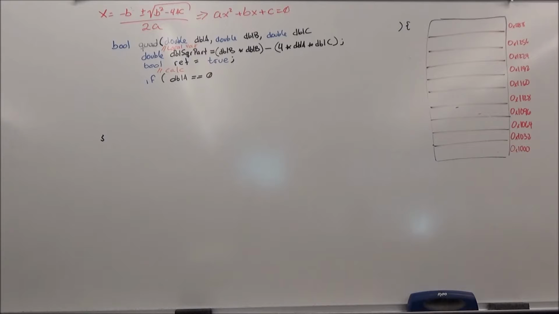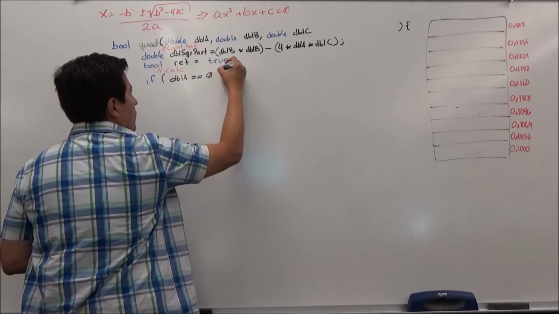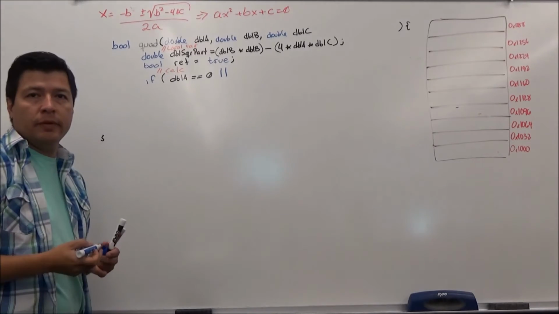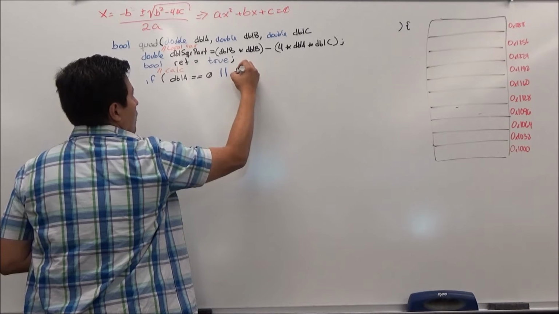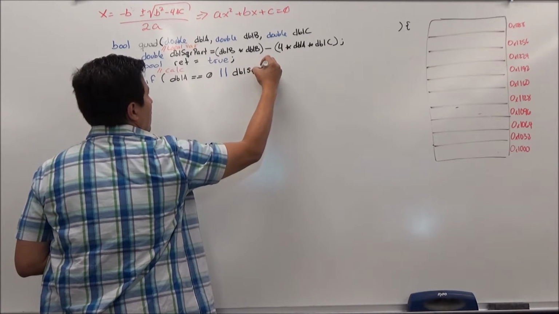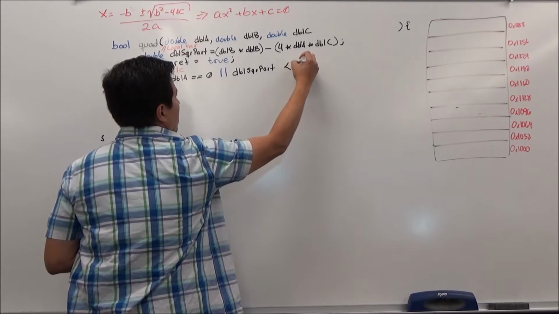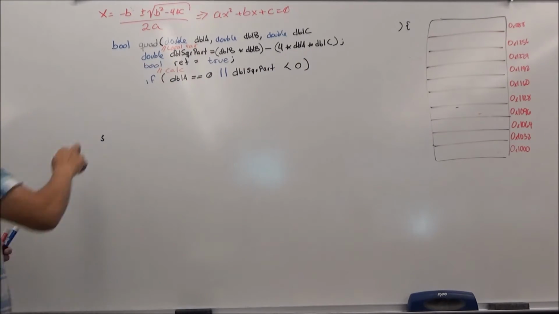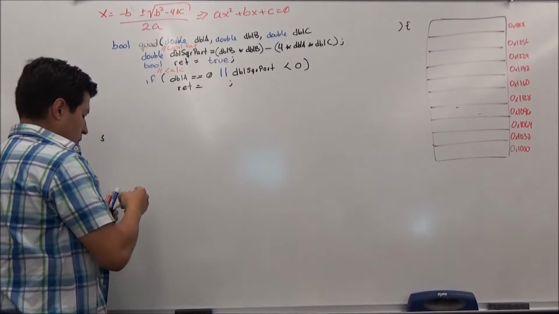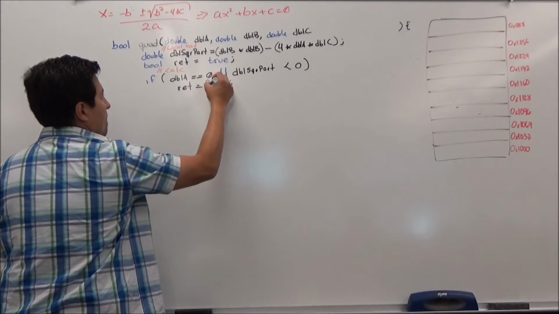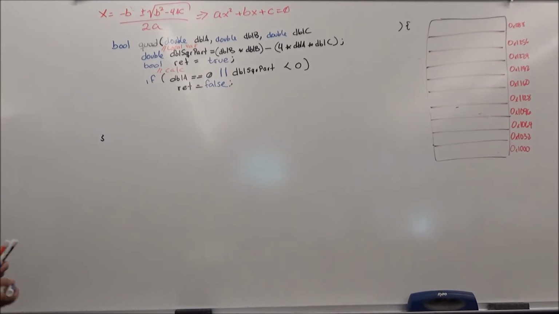I use an or, and the or is logical or, that means there are two ors, right? And then square part is less than 0. If that's the case, then this should be changed to false, because that will make my function fail.